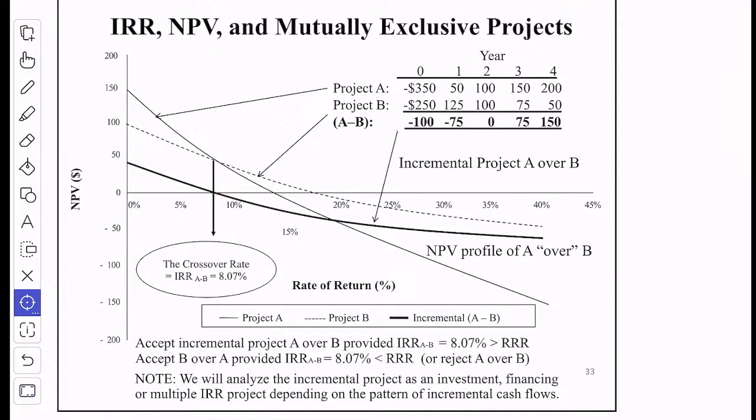It says, yes, accept project A instead of B up until 8.07, but if the discount rate is higher, you should use project B instead of A, up until where B is negative. So B is negative here.